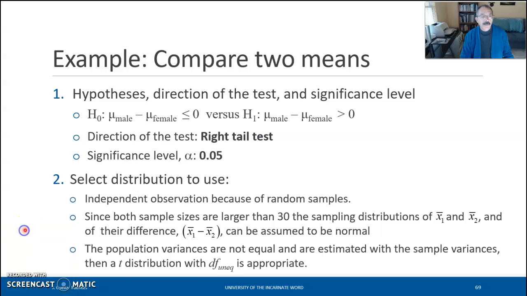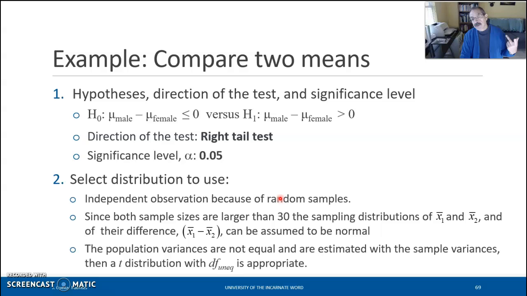Of course, the null hypothesis is that this difference is equal to 0 or less than 0, because then the average of the females is equal to that of the males or larger. Looking at the alternative hypothesis, we know we have a right-tail test, and the significance level is given to us as 0.05.